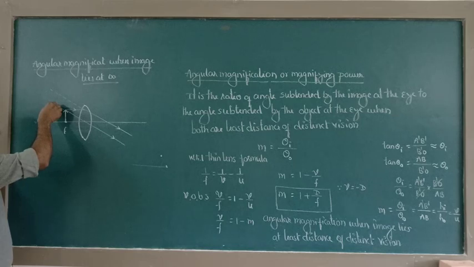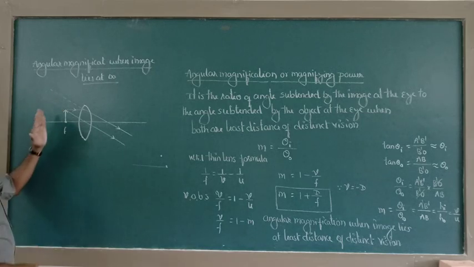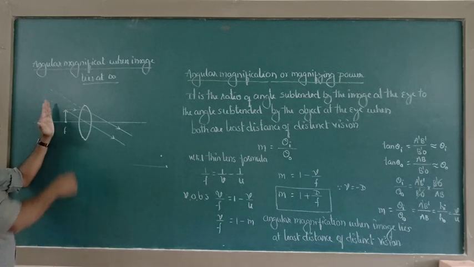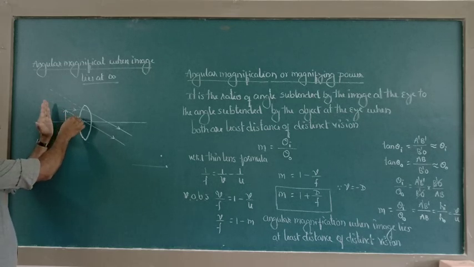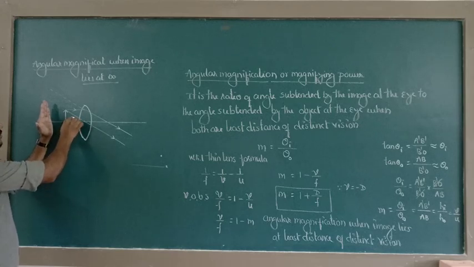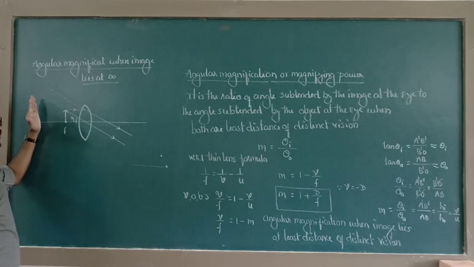the image of this object at this position. Again, the angle made by this image is, let us say, theta I. Now I am going to consider the image at this point.